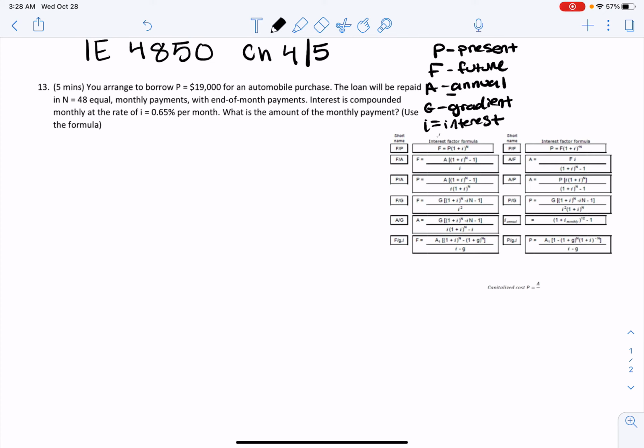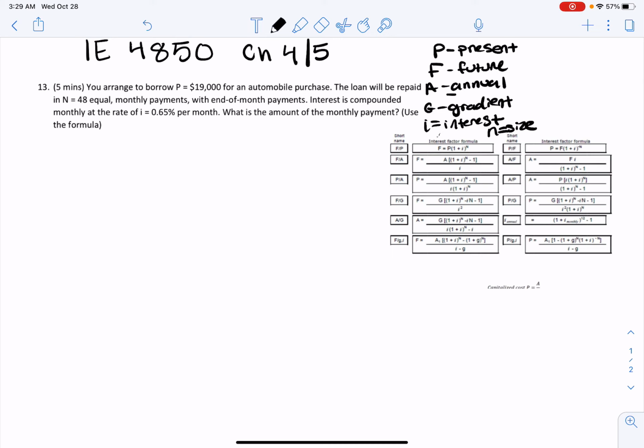And then we've got N, which is usually the life or period, like the life of the project. In our case it's like the life of the purchase, stuff like that.